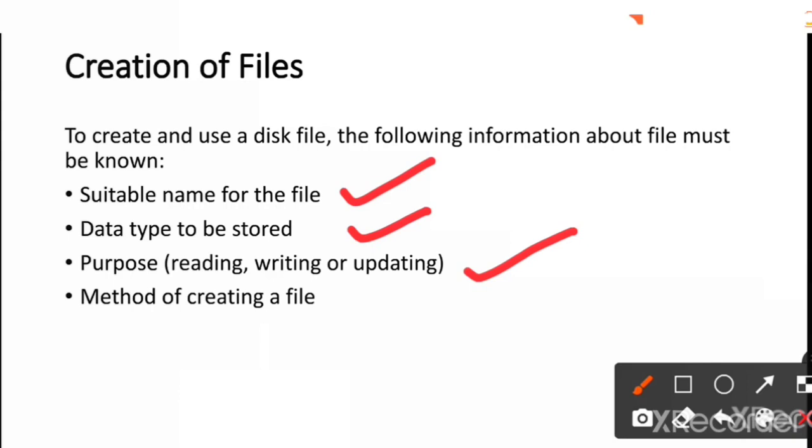The common stream classes used for various input-output operations will also be explained in the next slide, and that specifies the method for creating a file. So whether you are going to create a file using reader, input stream or writer, output stream, or using a direct method or indirect method, that method of creating a file has to be known before the file gets created.